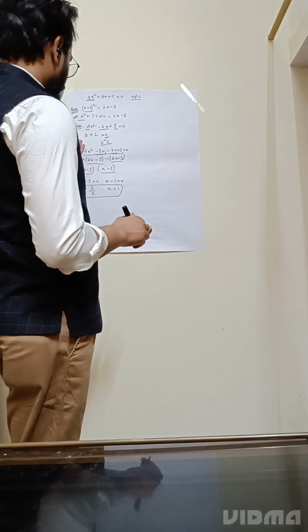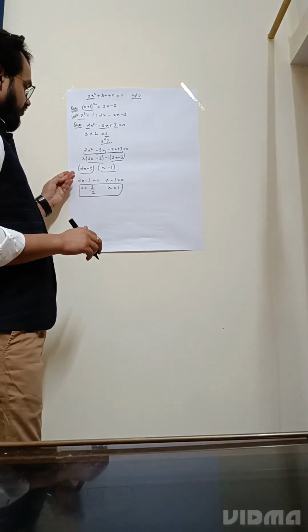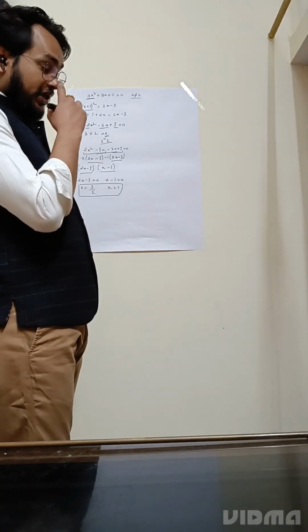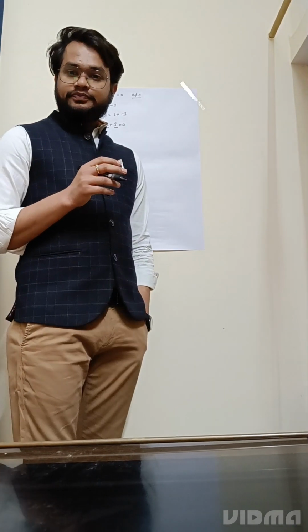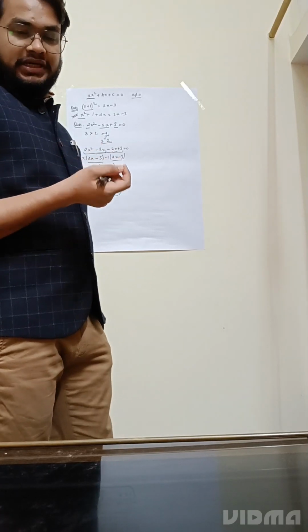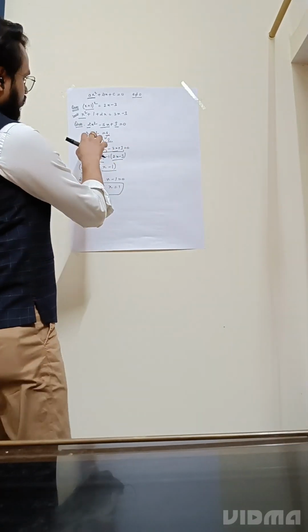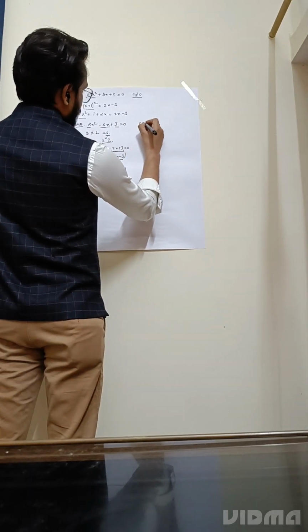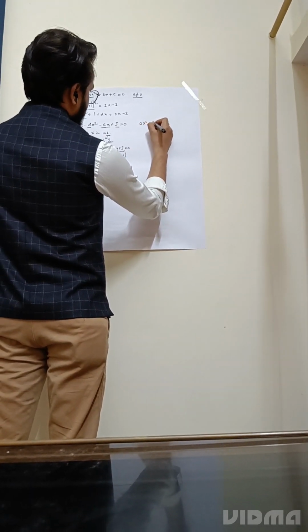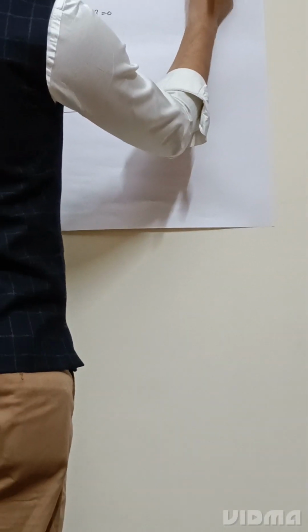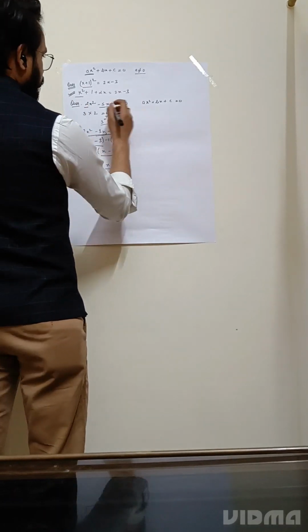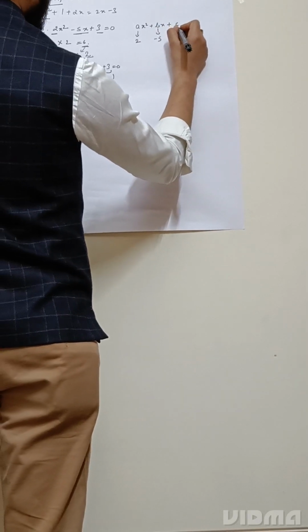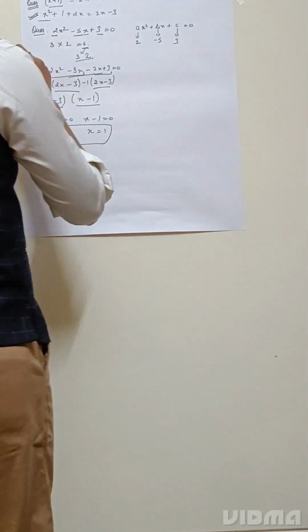In the previous method, we found the roots of the equation through the factorization method. The other method that I am going to discuss is the quadratic formula. So we compare this equation with the standard equation ax square plus bx plus c equal to 0. When we compare these two equations, a becomes 2, b becomes minus 5 and c is 3.